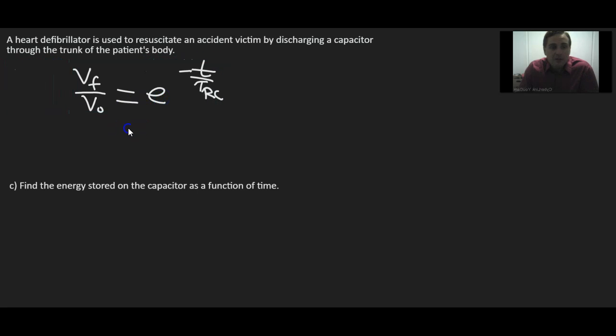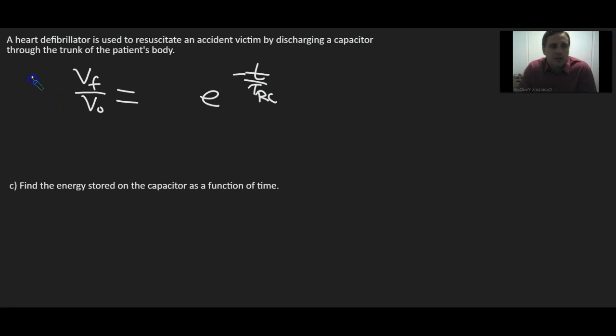Hopefully you're aware that in order to extract this time from the exponent, we need to introduce the inverse function on both sides. The inverse function of the natural exponential is the natural logarithm.